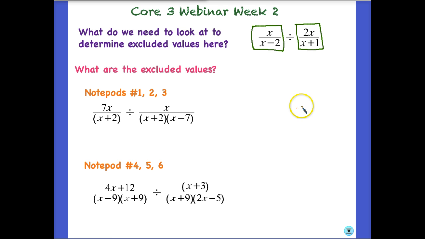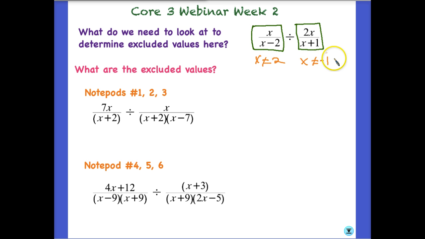So we have to do what we normally do, and we have to look at our denominators, and we have to say, okay, well, x cannot equal 2, and then we have to look at this denominator and say that x cannot equal -1, because no matter what, we can't have division by 0. But now you guys have to consider that anything that would make this second fraction 0 would also not work.